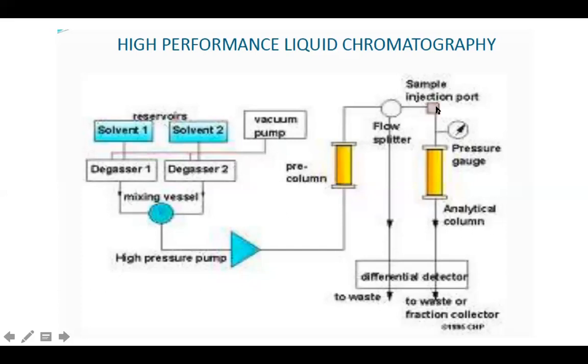So the sample you inject here, dissolved in a small amount of a chemical solvent, is a mixture of compounds, 2, 3, or 4 compounds mixed together.